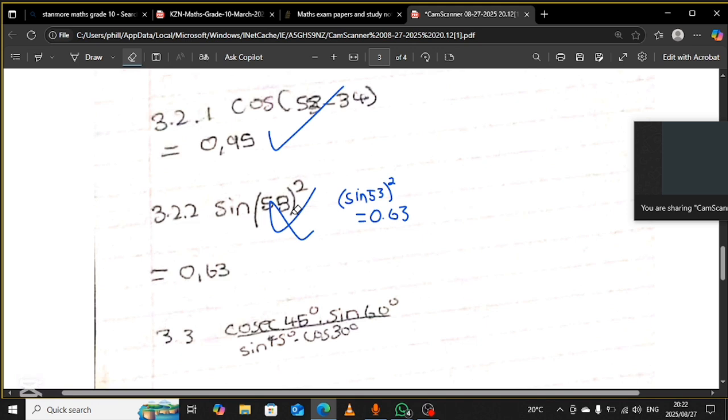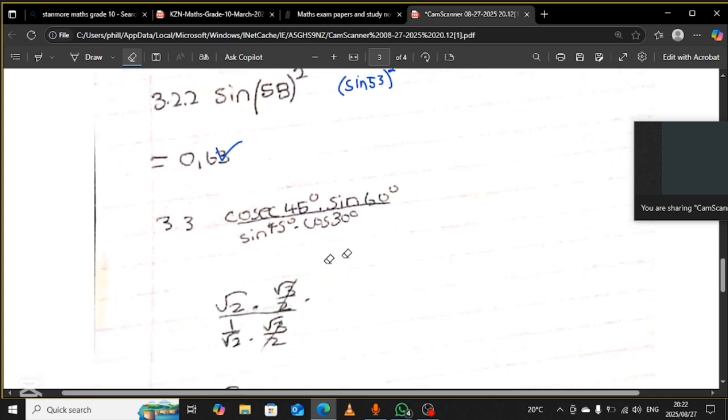Let me check something. Sine of 53 all squared, 0.6. Your answer is actually correct, but this step here was misleading me. So don't put it this way, because they will mark it incorrect. Put it this way, and then your answer is actually correct.